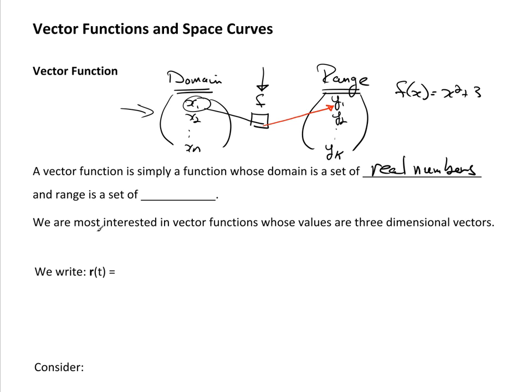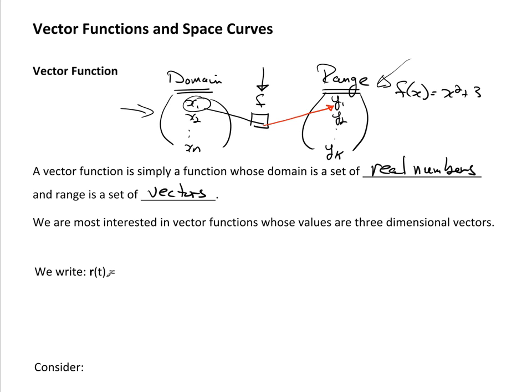And the range in R2 is also a set of real numbers, but the range in vector functions is actually a set of vectors. So the domain is real numbers, but the range is actually a set of vectors. Now, we are typically more interested in vector functions whose values are three-dimensional vectors. We're typically working in 3 dimensions when we're dealing with vector functions.